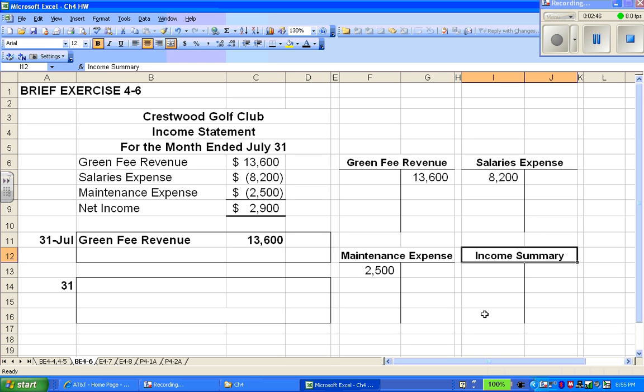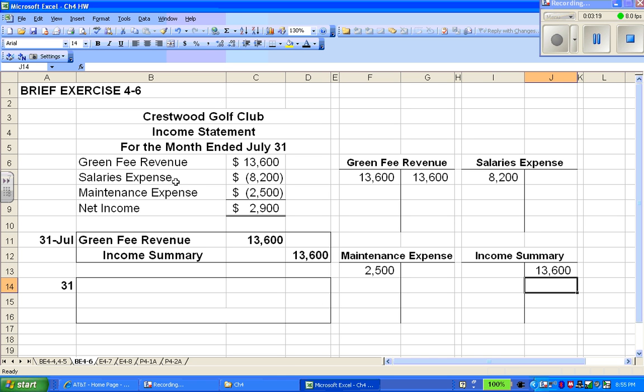What's the balance after I do that? And the balance should be this net income of 2,900. All right, so we're going to credit the income summary account for the 13,600. And then I'll record this entry here. So I have green fee revenue of a debit of 13,600. And I have in my income summary a credit of 13,600.